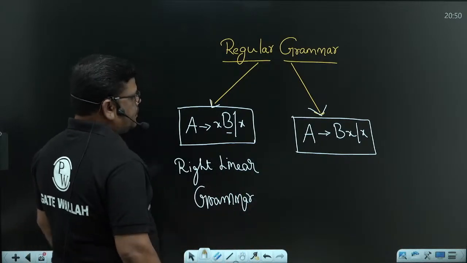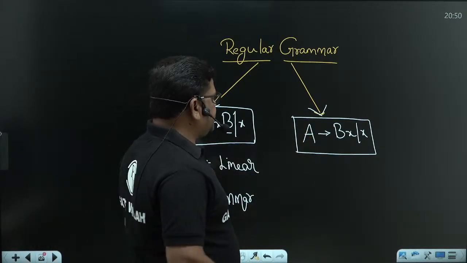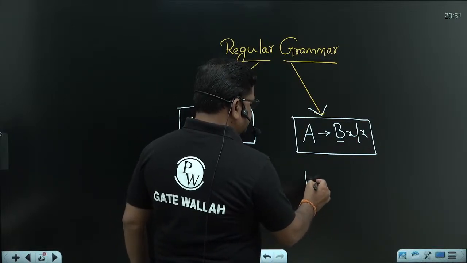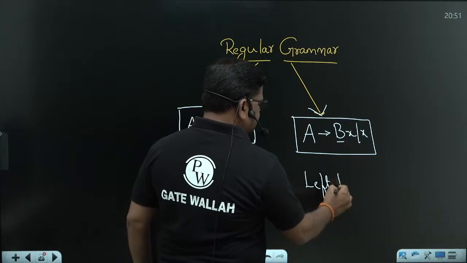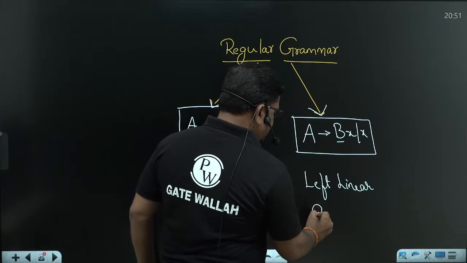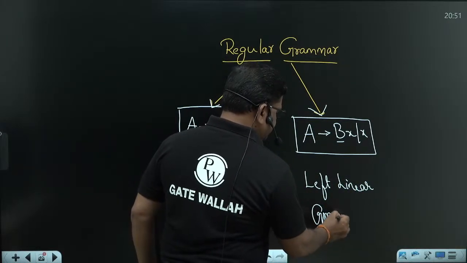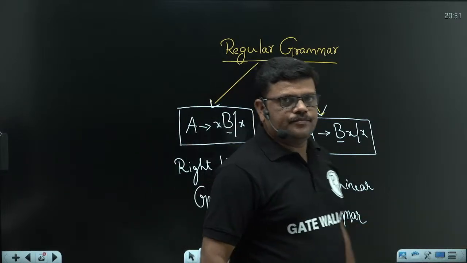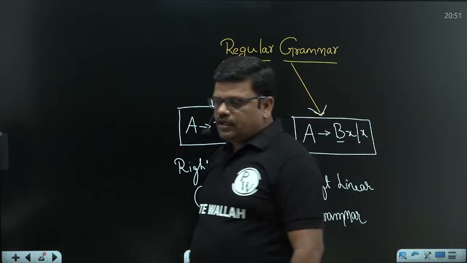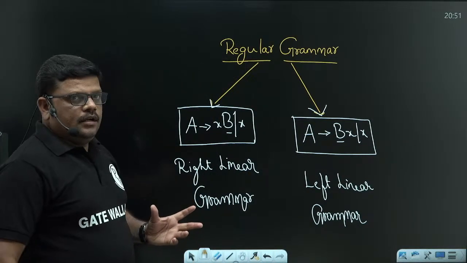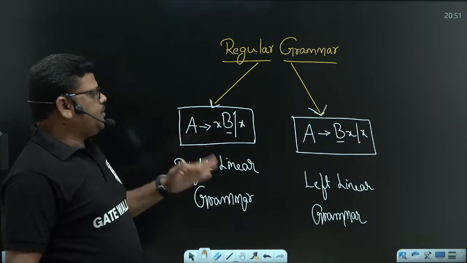Right linear grammar. Whatever is present on the left side, that is called left linear grammar. If the non-terminal is present in the leftmost position, that comes under left linear grammar. Like this, regular grammars are of two types: right linear grammars and left linear grammars.